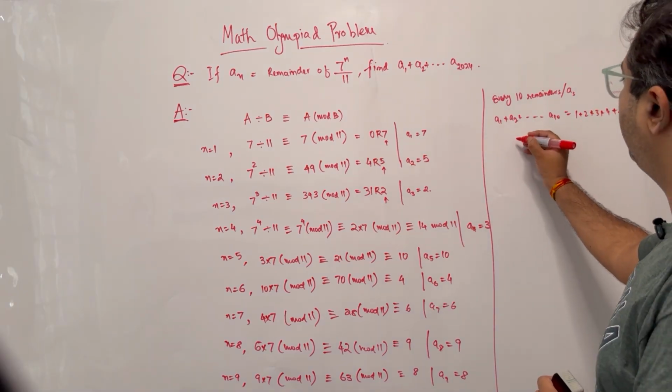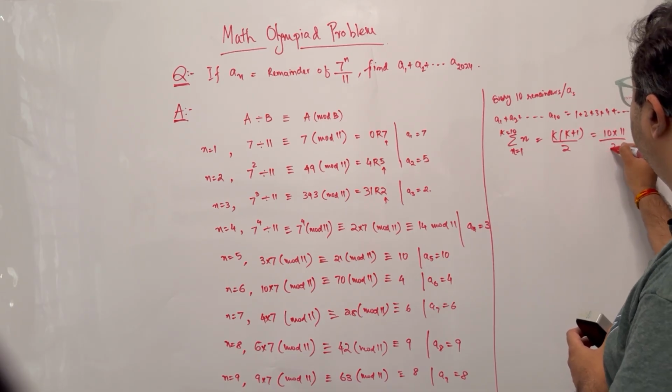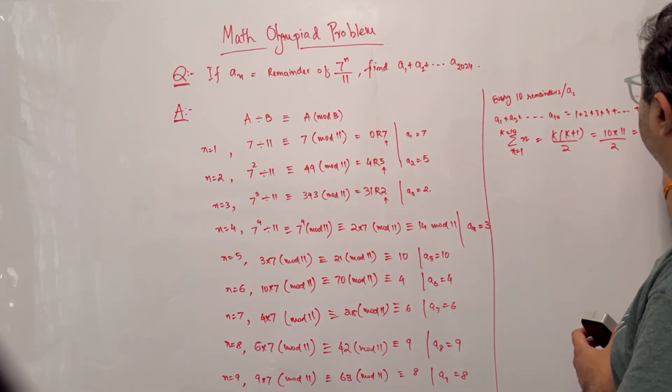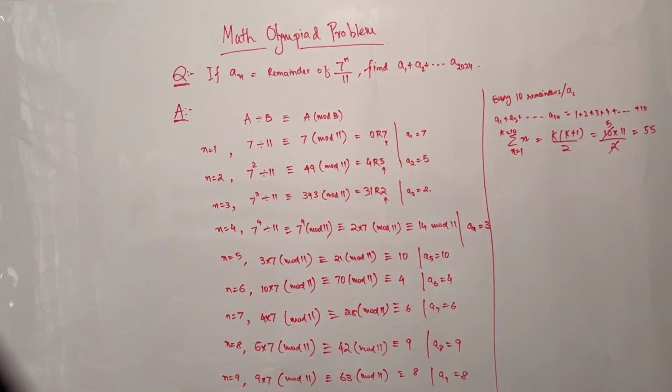Here we can use the formula, so this becomes 10 into 11 by 2, which becomes 55, because it will cut here into 5, and 5 times 11 is 55.